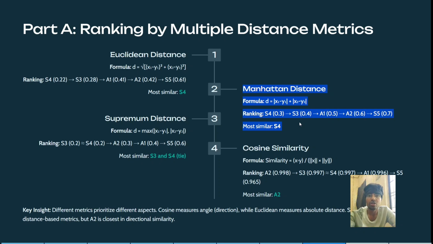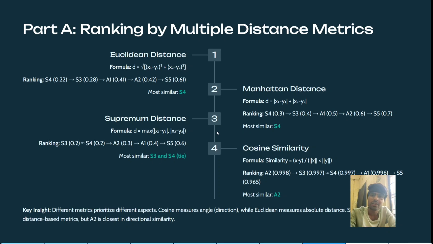For S2, 0.3 plus 0.3 equals 0.6, and for S3, 0.2 plus 0.2 equals 0.4, and for S4, 0.2 plus 0.1 equals 0.3, and S5, 0.1 plus 0.6 we get 0.7.